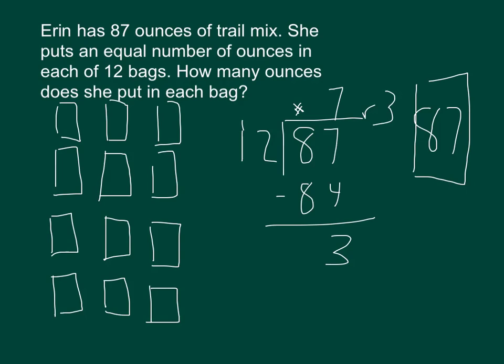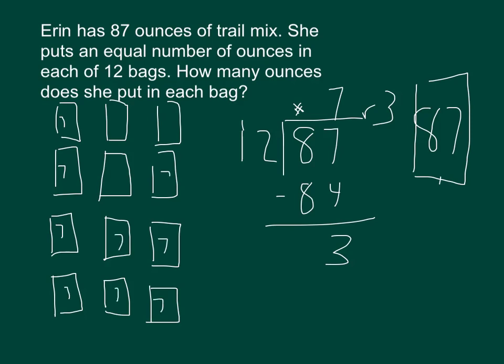Now, what this means is if we had 87 ounces and we put them equally into 12 bags, there would be at least 7 ounces that we would be able to put in each of these bags. So there would be 7 ounces in this bag, 7 ounces in each of these bags.